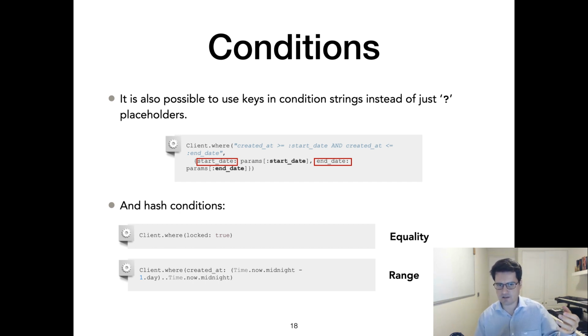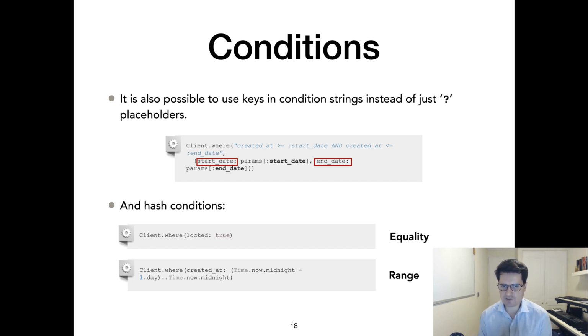And after that, what appears right next to the condition string is a hash. You see, there's a hash with key start date and another key end date, and the values for these keys are the start date and end date for the condition.